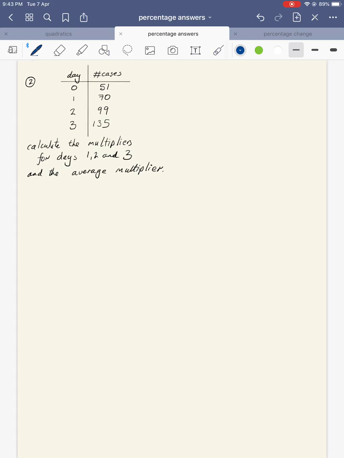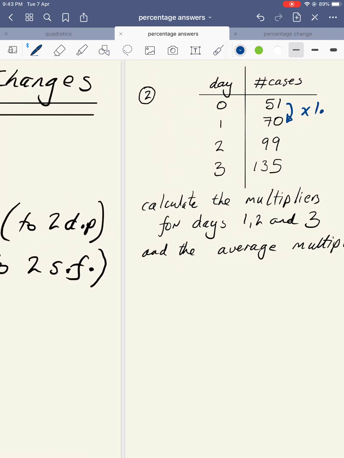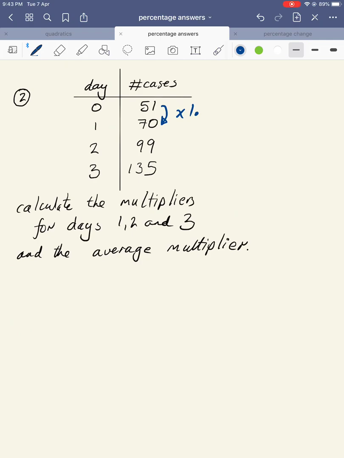Okay, so part 2, calculate the multiplier for days 1, 2 and 3. If I just zoom in on here a little bit, we saw that from 51 to 70, that was times 1.37. So we want to know what the multipliers are to take us from day 1 to day 2 and from day 2 to day 3.